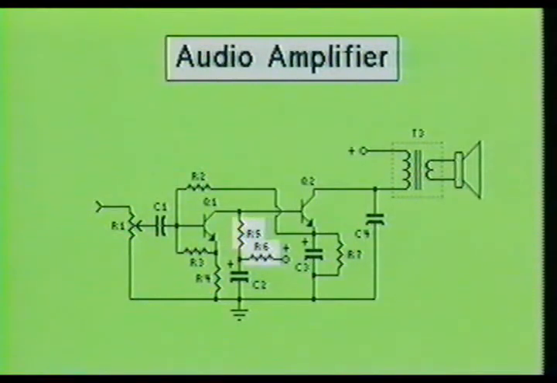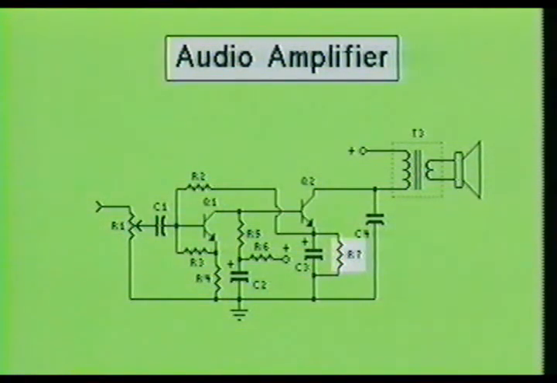Resistors R5 and R6 limit the amount of current available to transistor Q1's output. Capacitor C2 is used to maintain a level voltage for the output of transistor Q1. Transistor Q2 is the final power amplifier stage. Transistor Q2 controls the power flow to the speaker system.